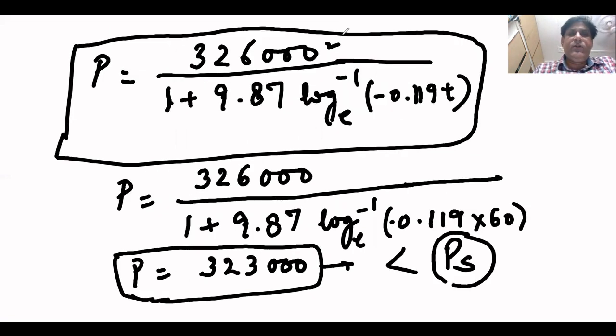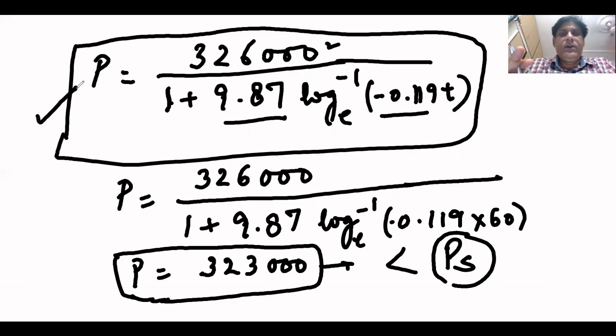Now we place the values of PS, M and N in this logistic curve equation and we found that this is the equation which would govern this particular city having the given data. Now the third part, the question says find the population after 20 years from the given data. So you need to put in the time slot as 60 years.